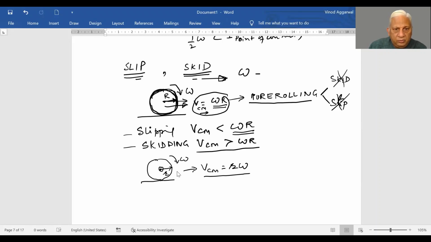Now what happens to the velocity of a point here, A? Velocity at point A will be twice the velocity of center of mass. Velocity at the top of this tire will be twice as much as the velocity of center of mass.